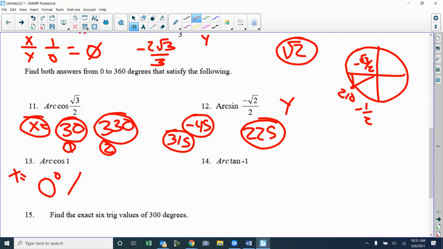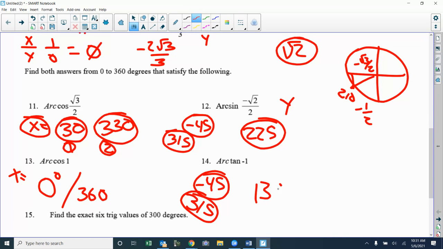You could also write that as 360, but those are the same angle, 0 and 360. Tangent of negative 1. Calculator will probably throw out negative 45, which is also positive 315. Those are the same. Your second angle is 135. Questions on any of those?